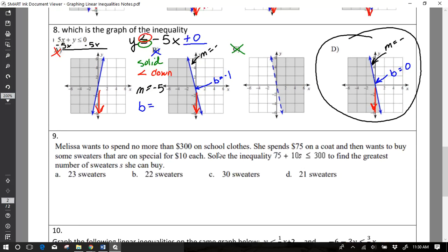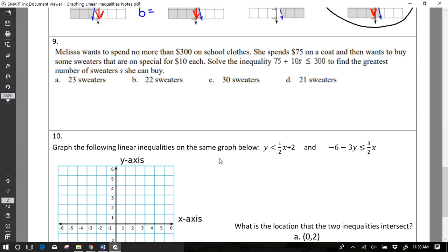Alrighty, now what we're going to do is one is going to be a spiral back. So number 9 is a spiral back. And then number 10 is going to be a look forward, in how we have used inequalities and how we will move into using inequalities.